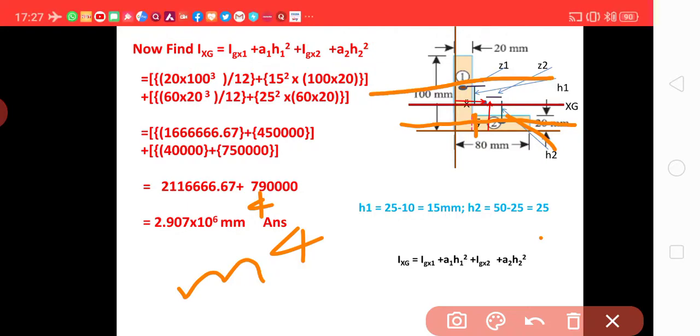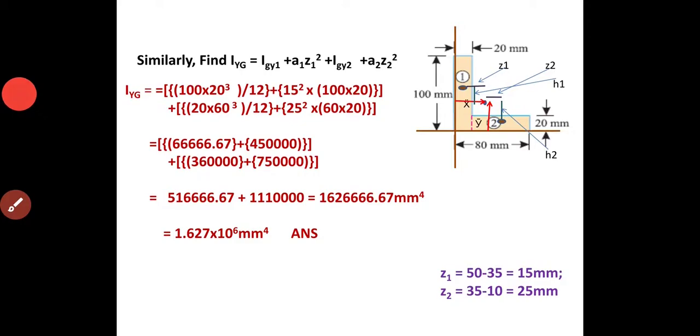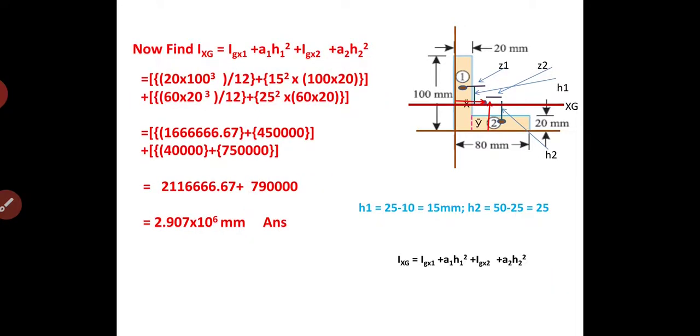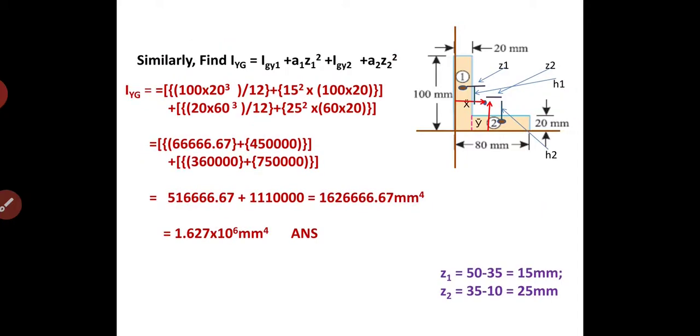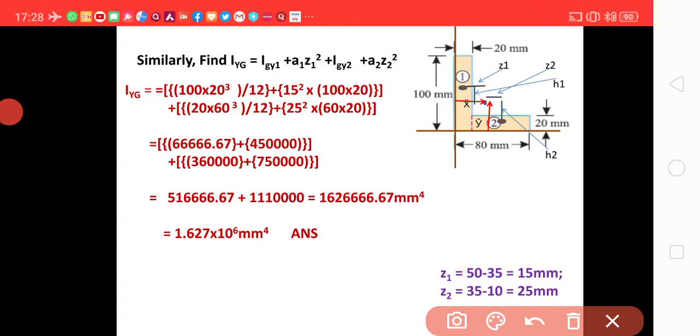Now for Iyg, same case, so Igy1 plus A1 z1 square plus Igy2 plus A2 z2 square. Take the dimensions again.